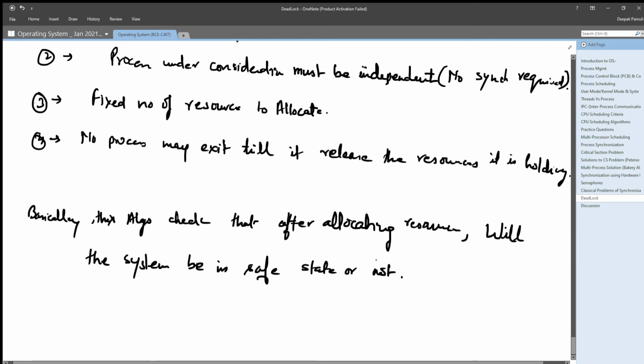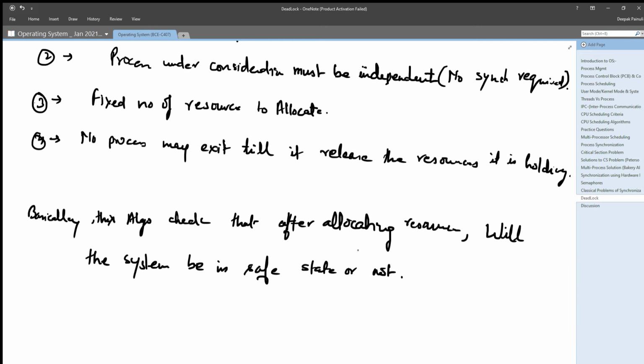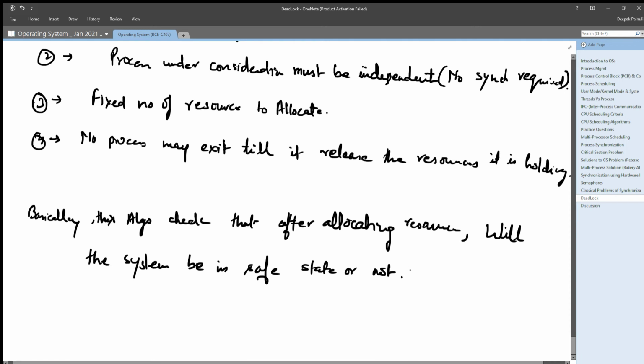It is simply checking that if we allocate all the resources demanded by the processes in the system, after allocation, will the system be in a safe state, or will the system be in a deadlock state, right? So simply this avoidance algorithm will check this, right?